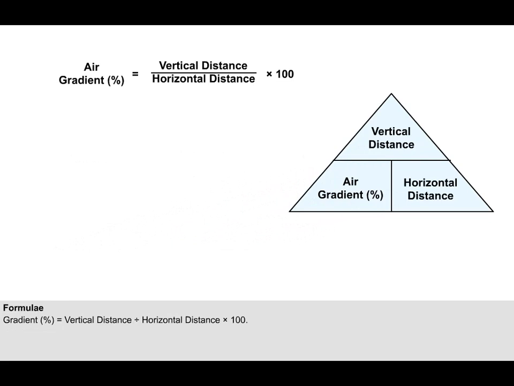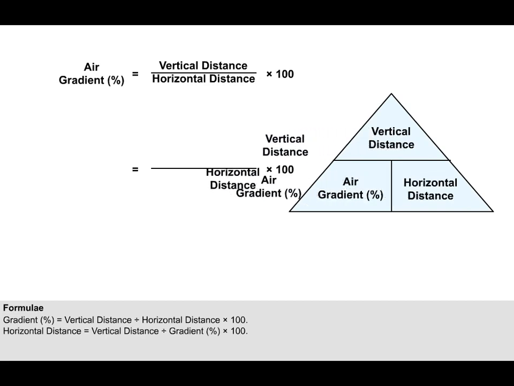The second formula relates mainly to obstacle clearance type questions. Earlier on, you were shown a typical obstacle clearance problem, and the formula used was the one shown on screen. Again, using the triangle, it is possible to rearrange the formula.